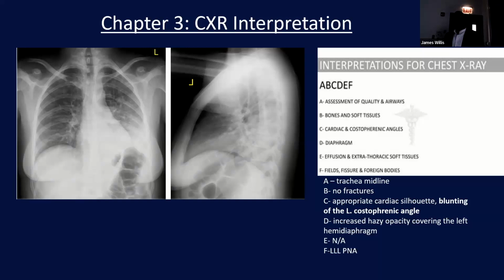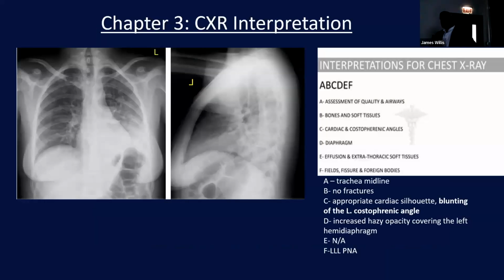Okay, right. So we see a left lower lobe pneumonia, consistent with our physical examination where we had the rales, right? One thing with pneumonias behind the heart: if the patient's not too sick, it's good to get a lateral and send them up.